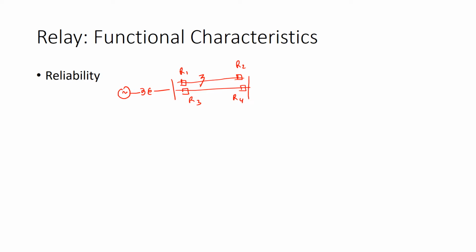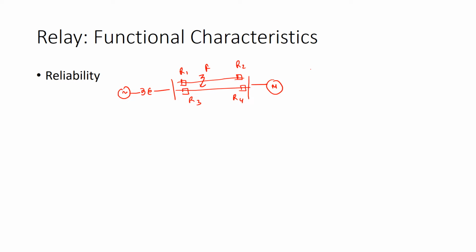Whenever there is a fault in the system, suppose here a motor is connected. So this is a single machine system which is connected to a load, and there is a fault in the system. What is happening to this? The reliability of the relay depends upon the ability of the relay system to operate under the predetermined condition.